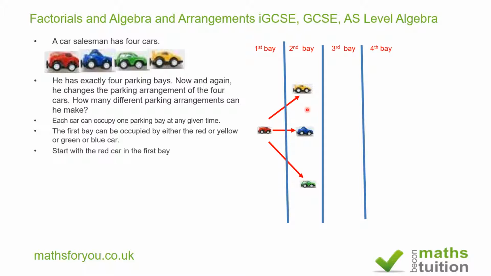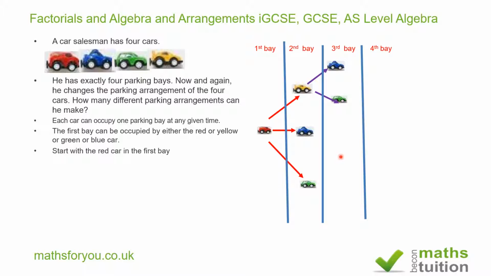And because I've used up 2 cars now, I have the choice of 2 cars in the third bay. And that can be either the blue car or the green car. Now, don't forget, we treat each car individually.